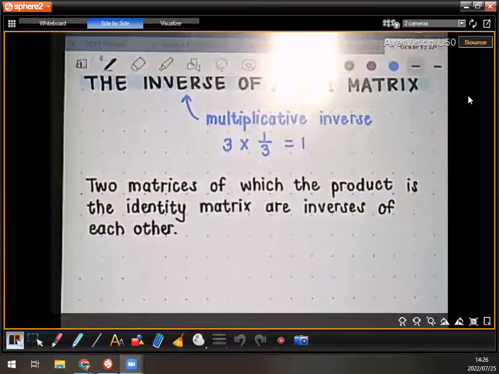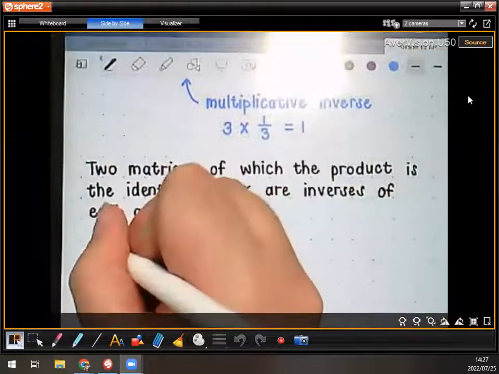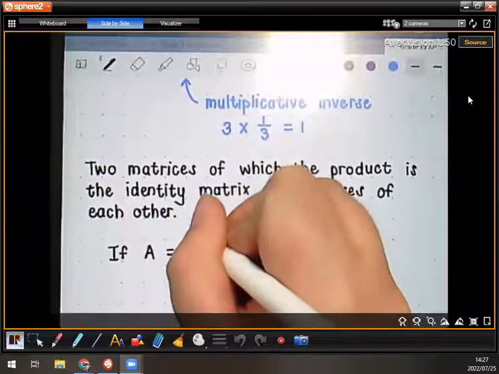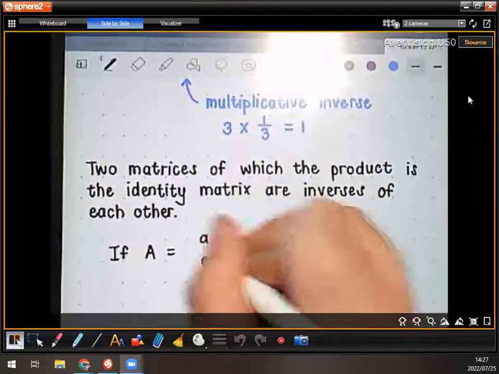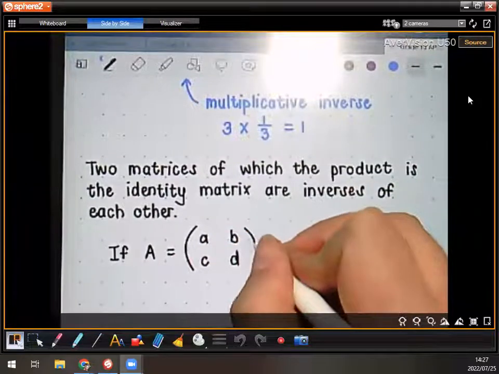With matrices, obviously it's a bit more complicated because multiplication is more complicated, right? When we're doing matrix multiplication, you're doing row by column, that whole thing that we practiced the other day. So it's not as straightforward as just doing it by inspection. The method that we're going to do is, I'm going to write here, if A, and we're using the same kind of format, and like I said, we're just doing 2 by 2 matrices this year.